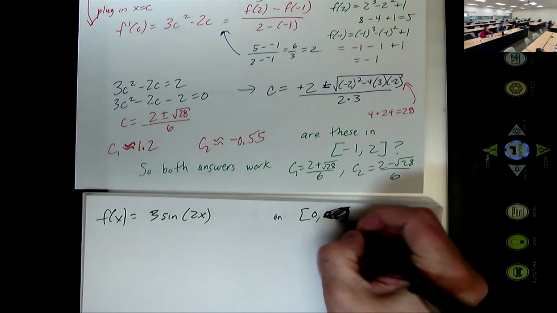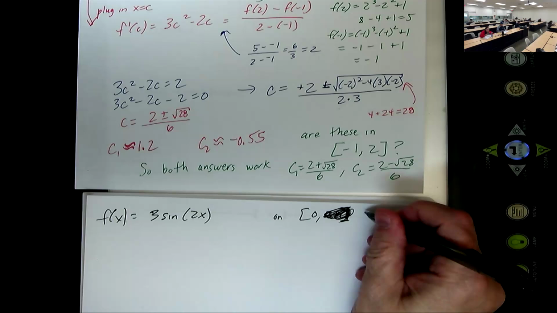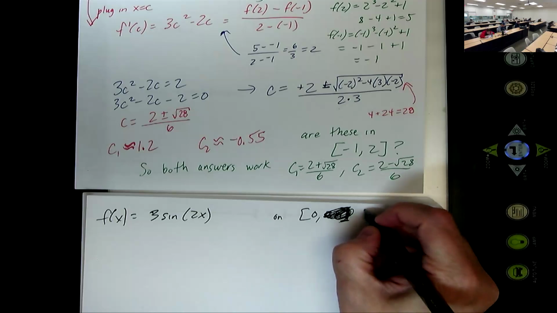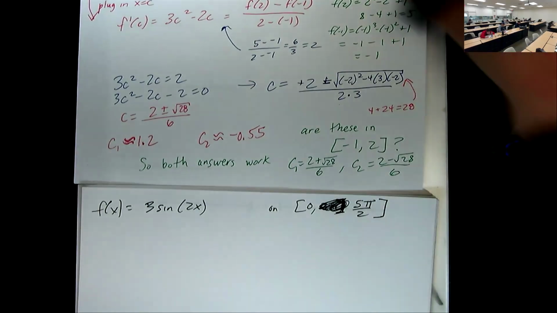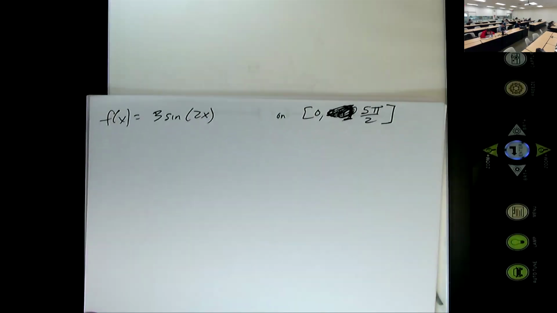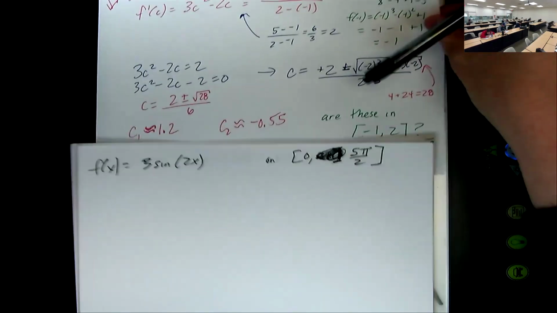Oh, those are gonna have the same value, this is just basically Rolle's theorem, let's change this up, make this 5 pi over 2. 0 to 5 pi over 2. I'll leave that out as stuff you gotta do on your own to show.